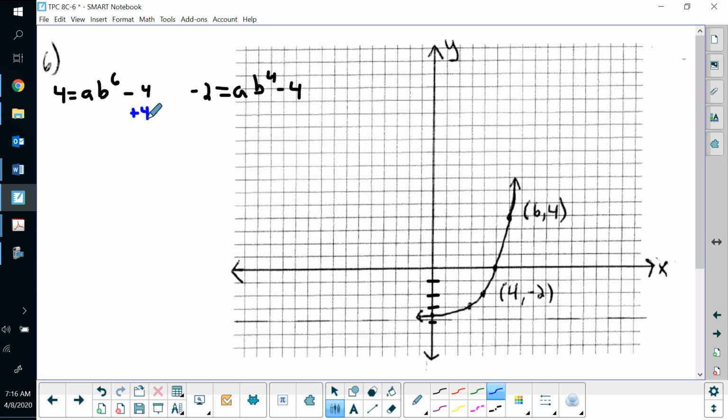We'll add our 4 over on each of them. So we get 8 equals a times b to the 6th. And we'll have 2 equals a times b to the 4th.